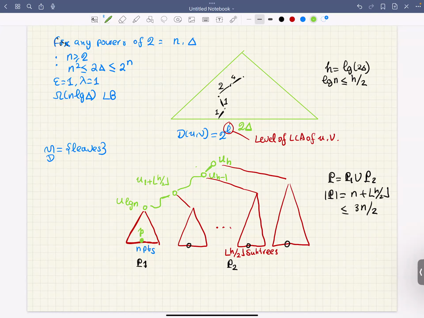I don't care whether you have out neighbors within the set P1. But if that is the case, you can see this P must have an out neighbor. How many out neighbors? Log delta, because that's H/2. H/2 is at the order of log delta. And therefore, in total, you must have at least how many edges? N times log delta.